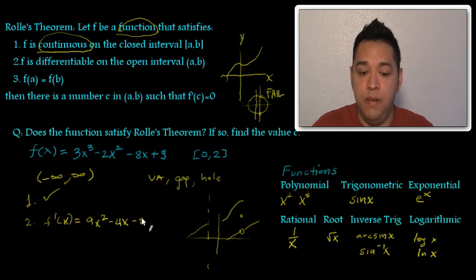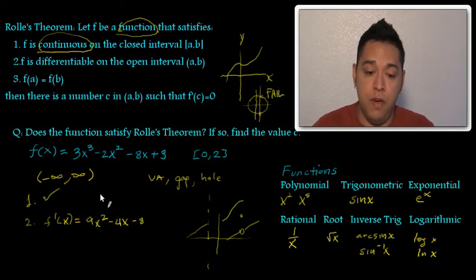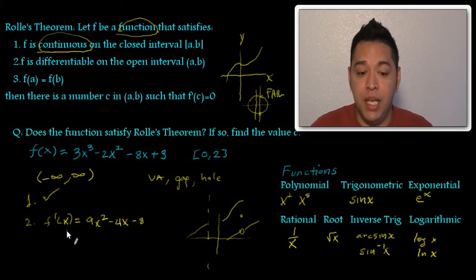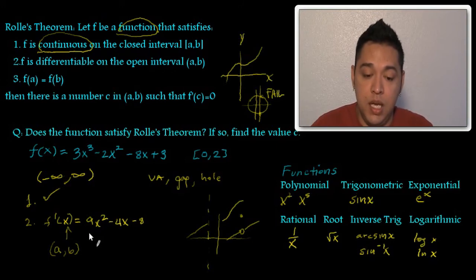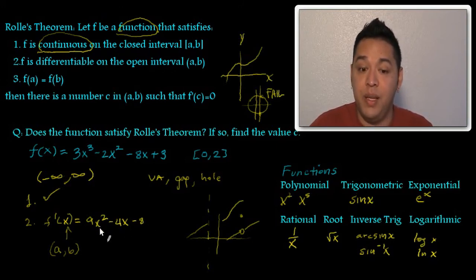That's the derivative. Now, if I wanted to know whether it's differentiable, what that means is, can I plug in any number here between A and B and get a result? Well, it's almost like asking, what's the domain of the derivative instead of the original equation? Well, since this is a polynomial equation, we know that the domain always exists, right?